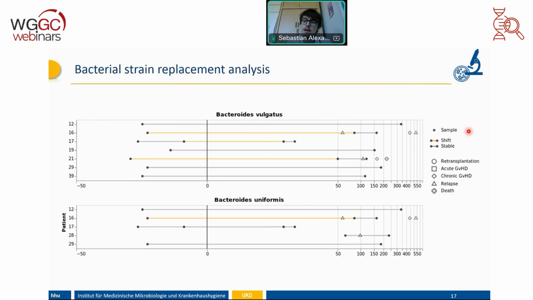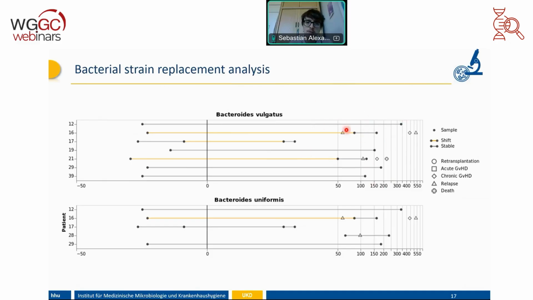So we tried to analyze these patients for whether they got a retransplantation, an acute or chronic graft versus host reaction, a relapse of the hematological disease, or the death of the patient. But it was not really clear that there was a pattern that if they keep the strain, they were healthier than if there was a shift.